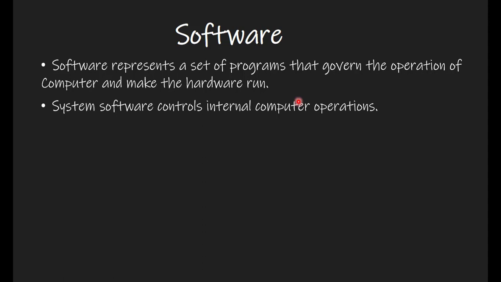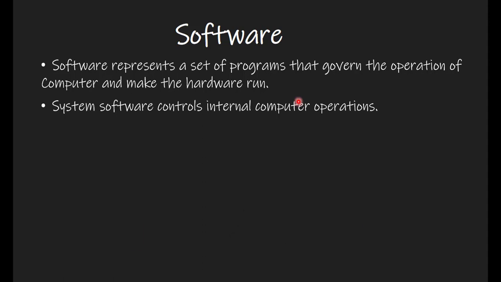System software controls internal computer operations. Like if I want to read data from an input device, transmit processed information to the output device, check whether all the system components are working fine or not, or convert data instructions to a computer understandable form, all these things are controlled by system software.